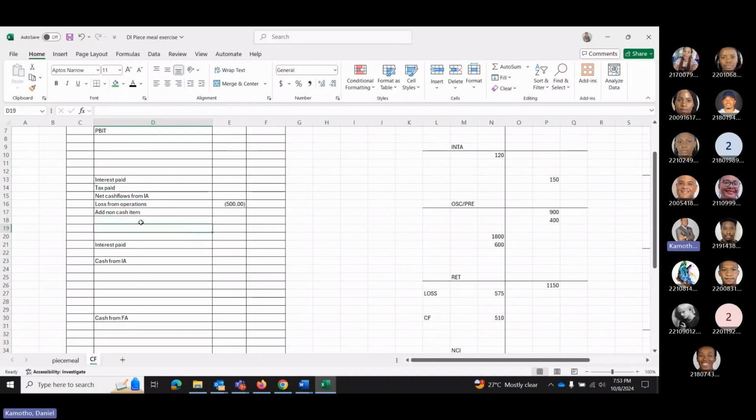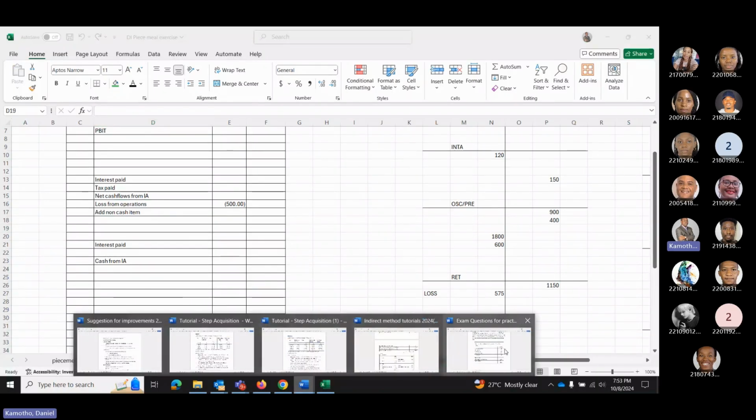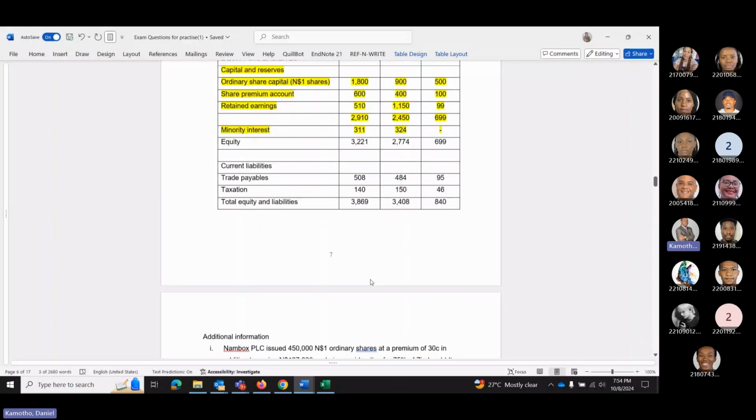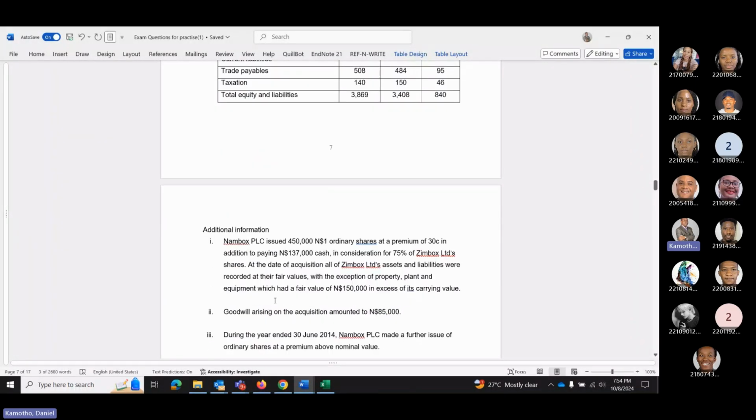So for non-cash items, we go to the information, and the information will always be given from here. So note one, now we need to start populating our figures. We are told Numbox PLC issued 450,001 shares at a premium of 30 cents, in addition to paying 137 cash in consideration for 75% of Zimbox shares.